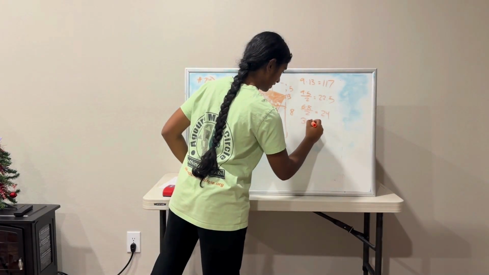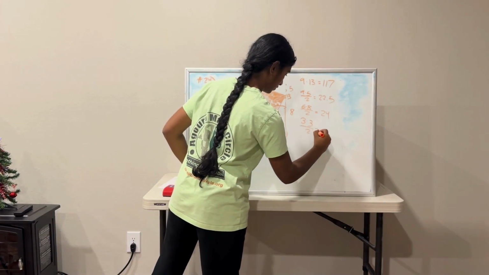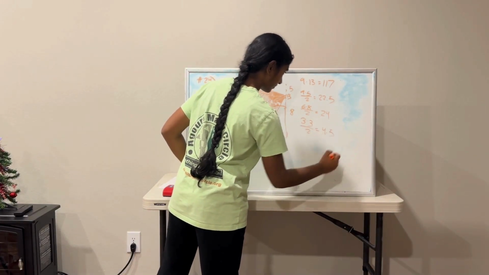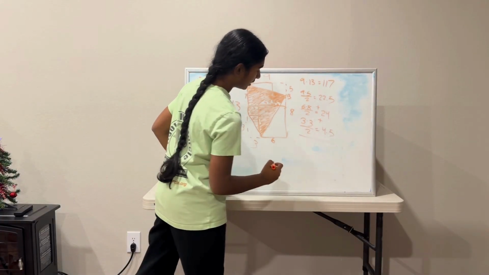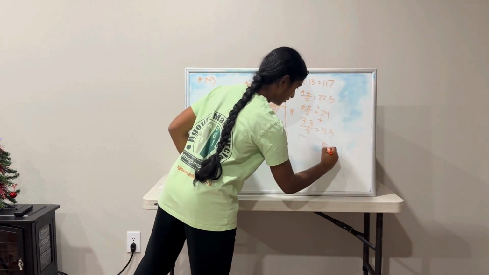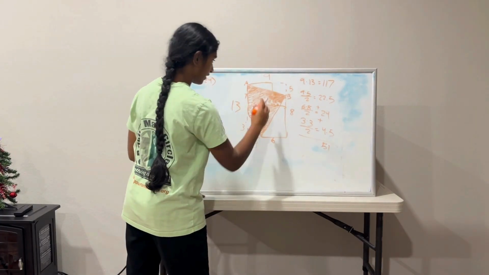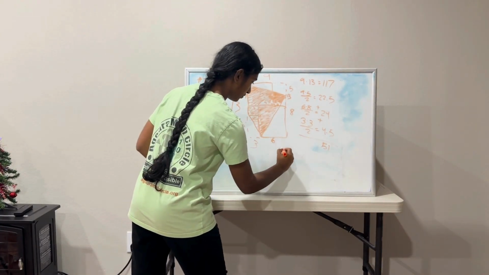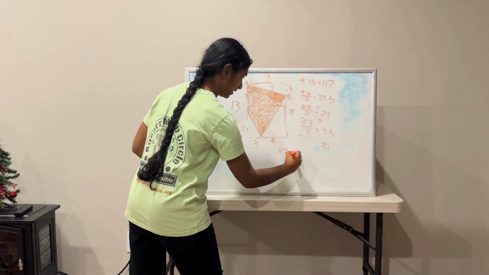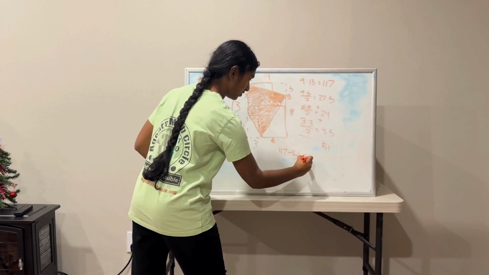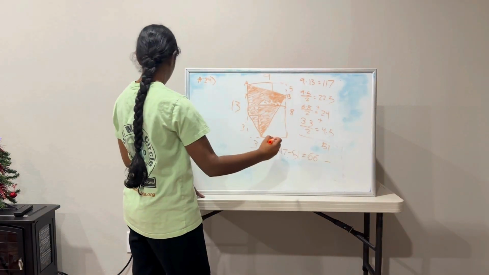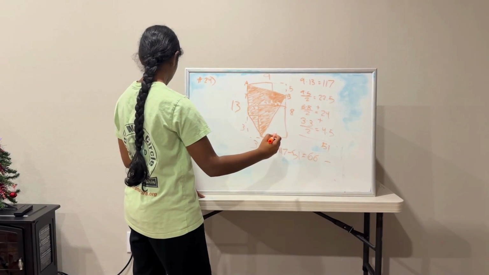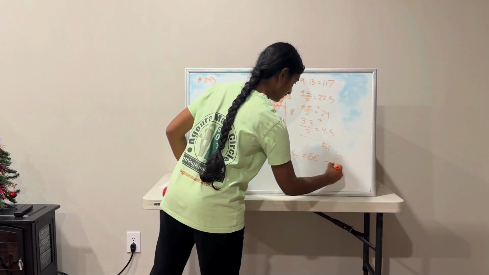So 3 times 3 over 2, which is 4.5. And if we were to add all of these up, we would get 51. So the area of the shaded figure is 117 minus 51, which is equal to 66, and means that our answer is C.